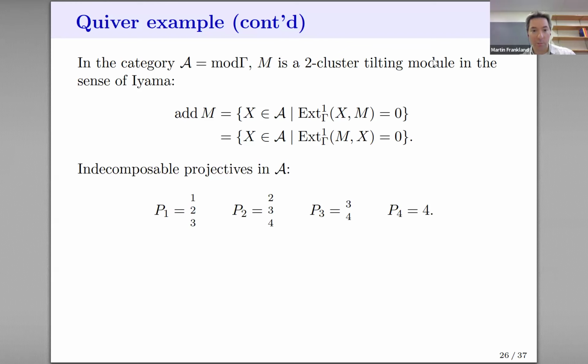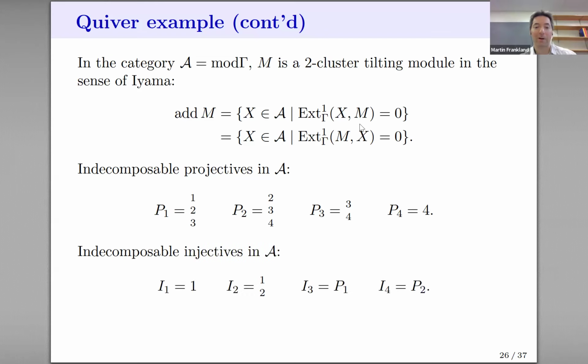And if you look at the projectives, well, yeah, you can start with a generator in degree 1 and propagate it forward. You get this projective module like so. And if you start in position 2, you get this projective module here. If you start in position 3, you get this module, and in position 4, those are projective, and the injectives roughly are given by propagating backward.